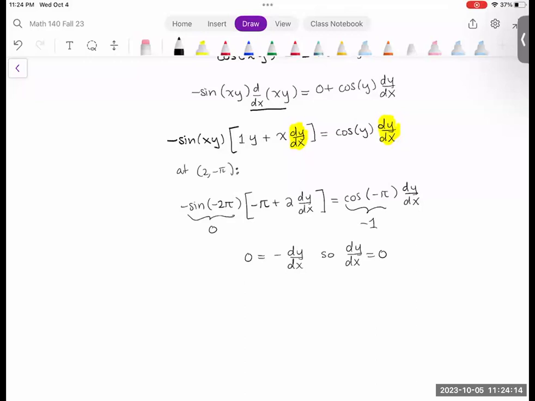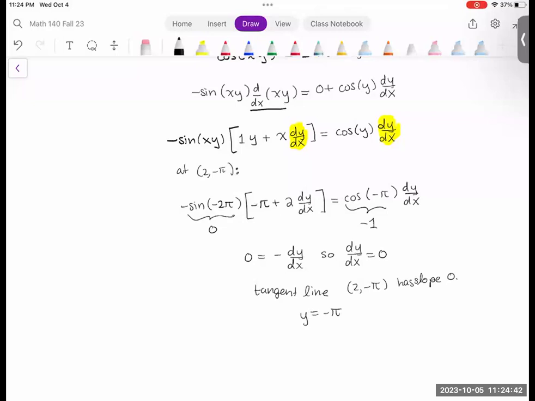Our tangent line goes through the point (2, -π), and we have slope 0. So it is just the equation y equals negative π.